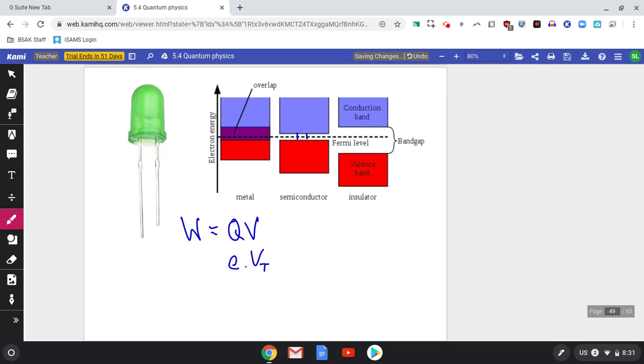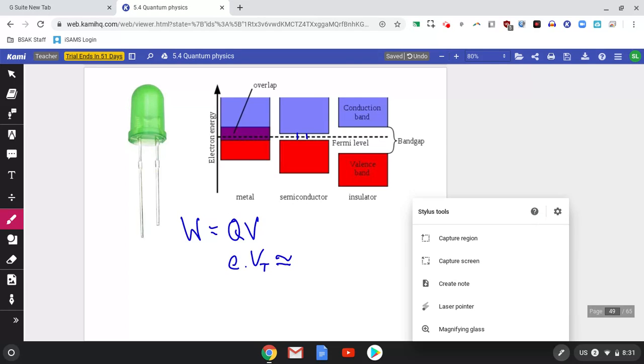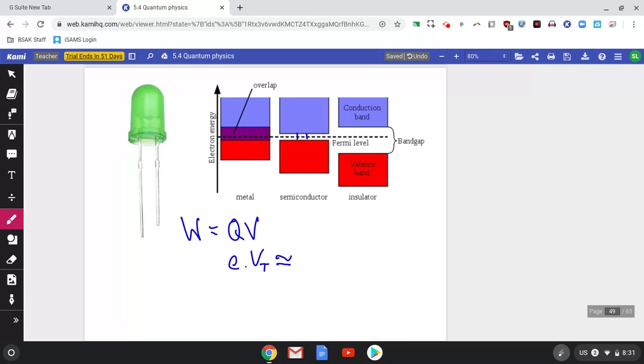That's roughly equal to the photon energy that's given out, because this electrical energy is gained, but then it's lost again by the electron when it drops back down, and it's given out as a photon.